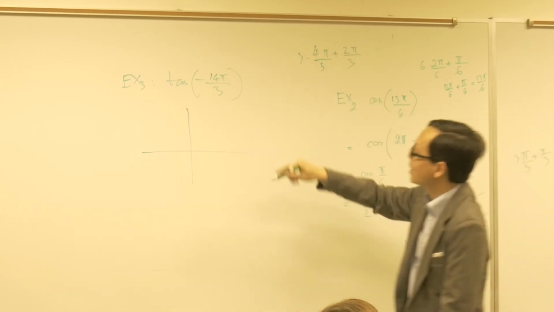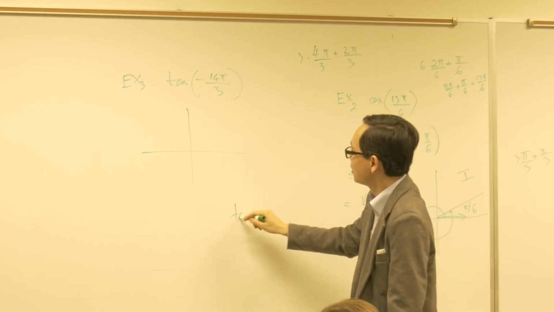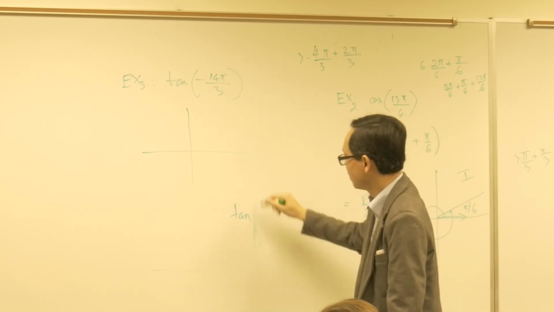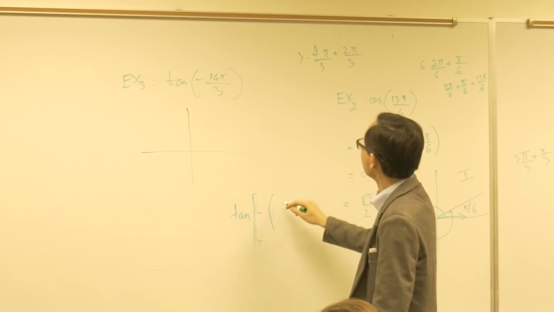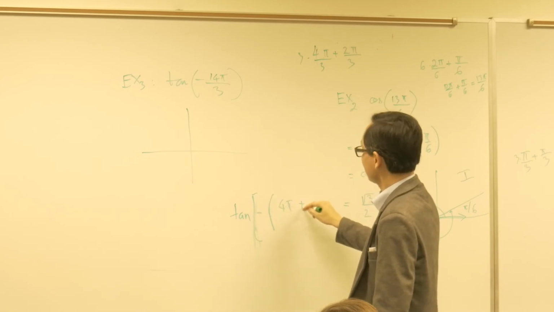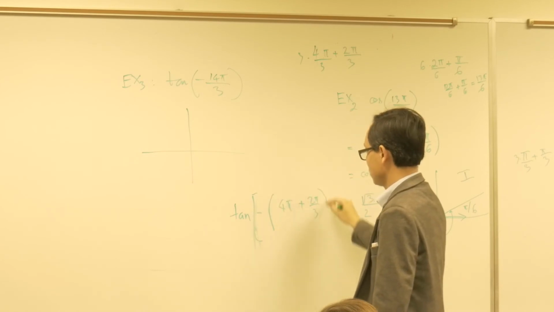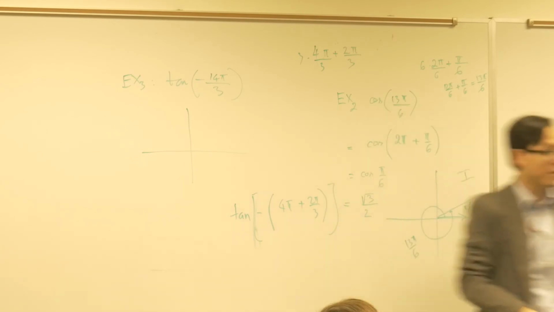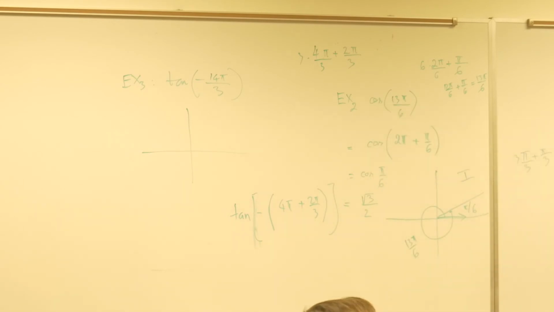So I can rewrite this as tangent of negative, 4 pi plus 2 pi over 3. 2 pi over 3 is not a special angle in the table, but we can calculate it. 2 pi over 3 is 120 degrees. We already learned how to do that.